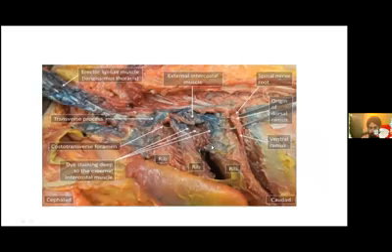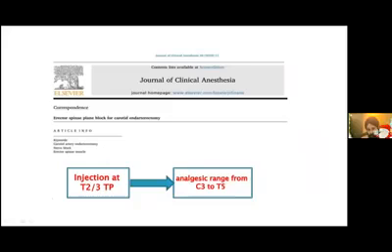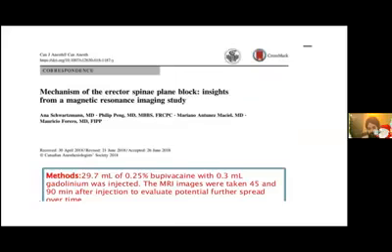In the vertical spread, if we are doing it at D6 or D7, then the sensory loss is seen from almost C5 to L2. Whereas for carotid endarterectomy, we do it at the D2-3 level because we want a level higher up, and then we can achieve a level from almost C3 to T5.